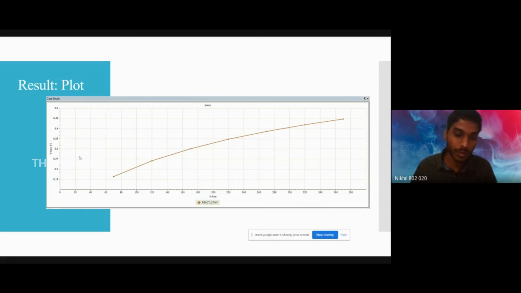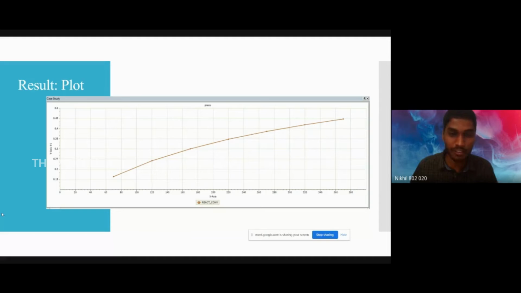So our thought is that presently we have pressure vessels of moderate pressure, which can withstand moderate pressures.